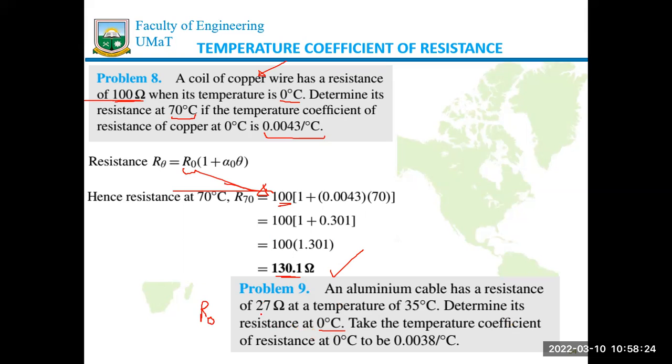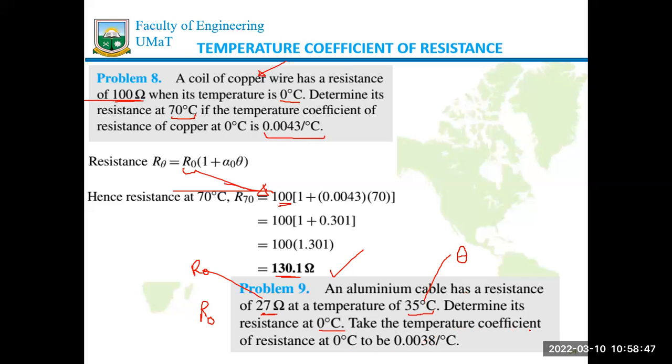What is here? This R that has been given, we've already been given R theta. Our temperature theta has been given here as 35 degrees Celsius.